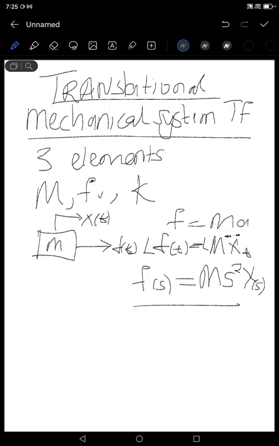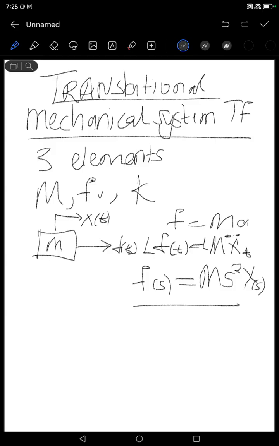This is for mass. We use this when we are asked to determine the transfer function. When we're talking about transfer function, it's Laplace all the time, so we just introduce Laplace on both sides and get this equation.